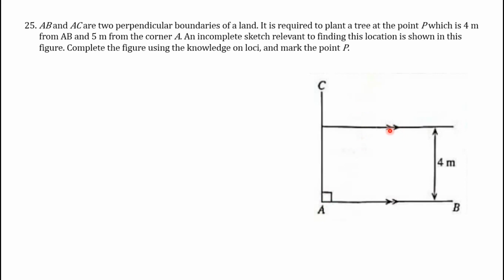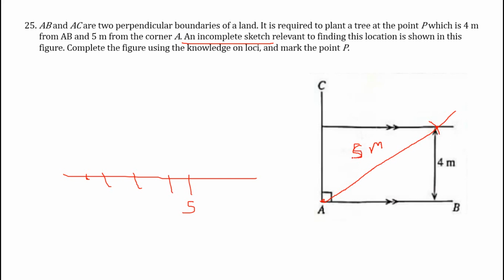The point that intersects with this line will be the point P. So since this is a sketch, you can just draw it by analyzing the values. So this will be 5 meter. So this will be the point P.